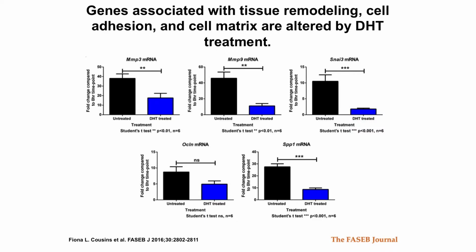Okay, so they also looked at a whole range of genes associated with tissue remodeling, cell adhesion, and cell matrix, and these were reduced by treatment with DHT, indicating that androgens play an important role in regulating the restoration of the endometrium.